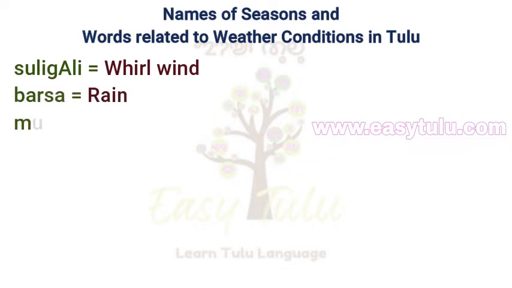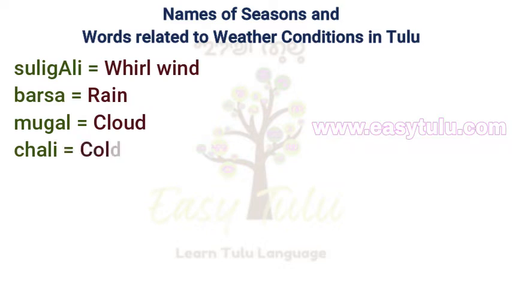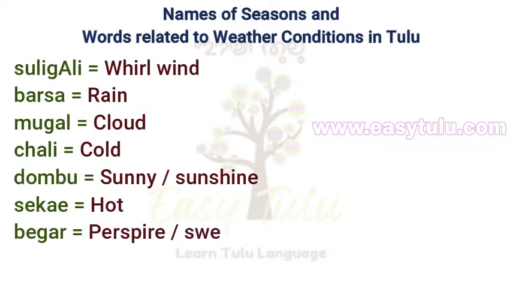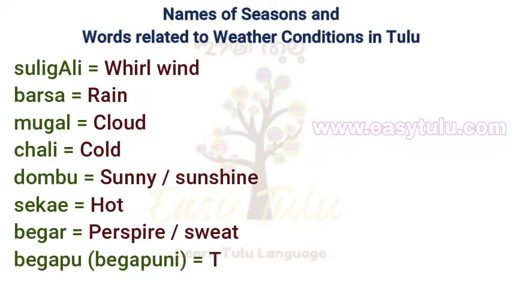Barsa, rain. Mughal, cloud. Chali, cold. Dumbu, sunny or sunshine. Seke, hot. Begaru, perspire or sweat. Begapu, to perspire.